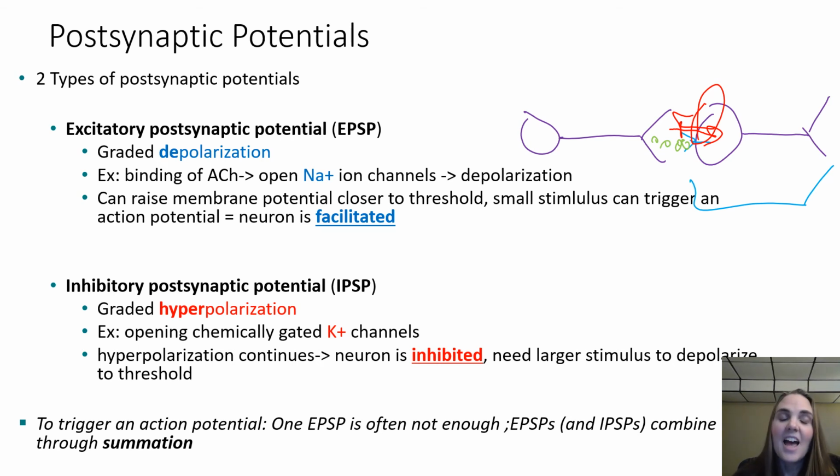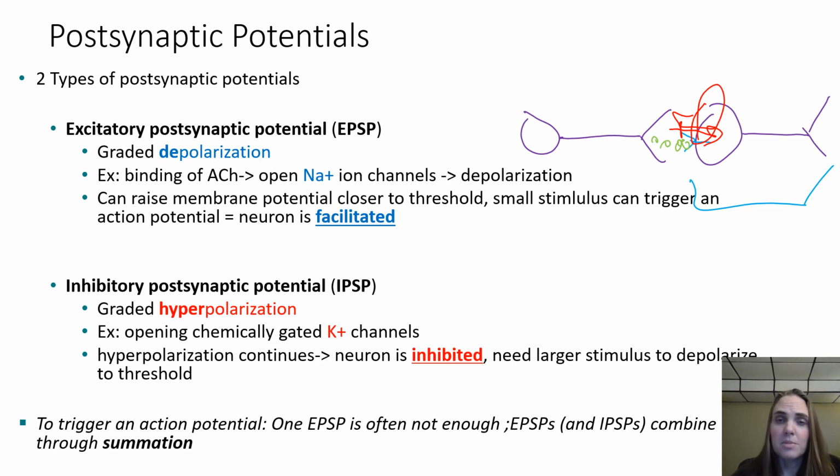While hyperpolarization is continuing, the neuron is what we call inhibited, which means that in order to depolarize that neuron to threshold to generate an action potential, we would need a larger than usual stimulus because we are hyperpolarized. We're going to need a greater change to reach threshold. That's called inhibition of the neuron.